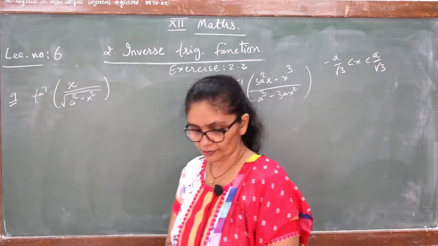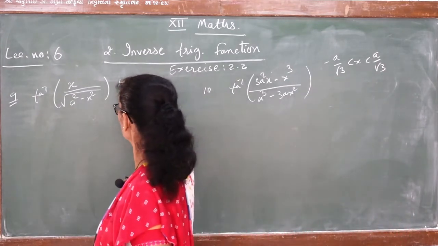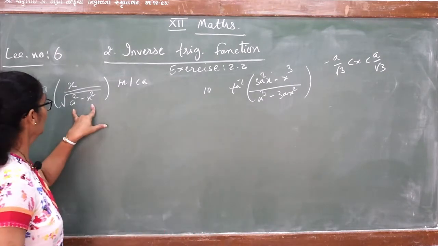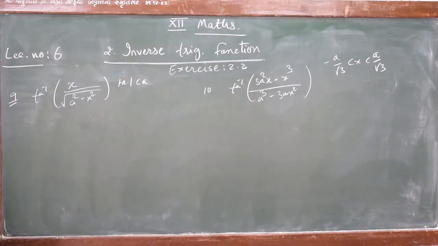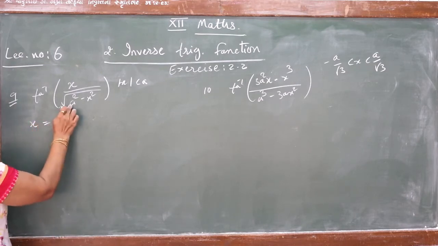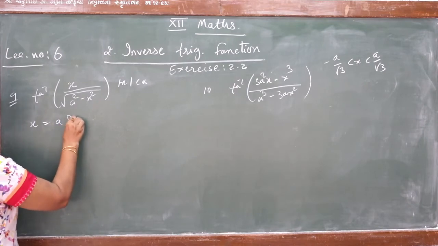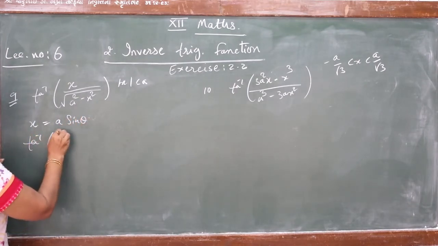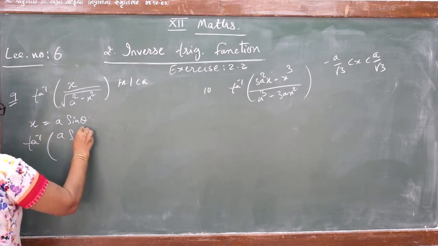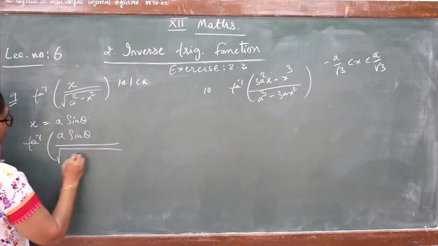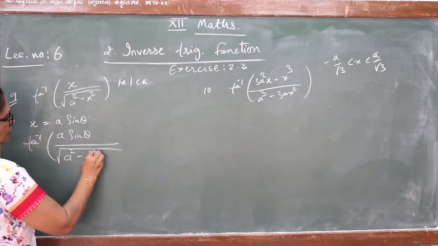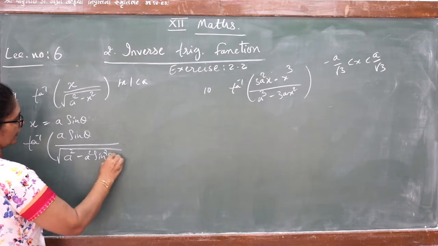In that question the interval is given mod x less than a. Okay, let's start with the check. Here we have a square minus x square, so we can take the assumption with sin or cos only. Since we have a square, we will take the assumption with a sin theta. Tan inverse of a sin theta upon under root a square minus a square sin square theta.